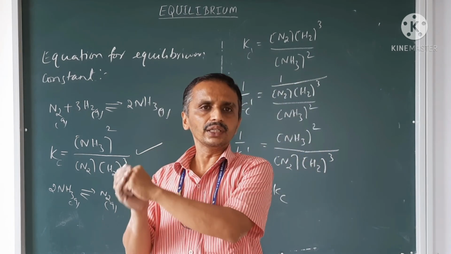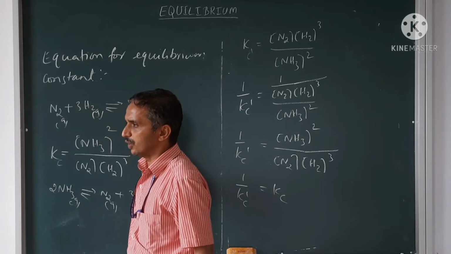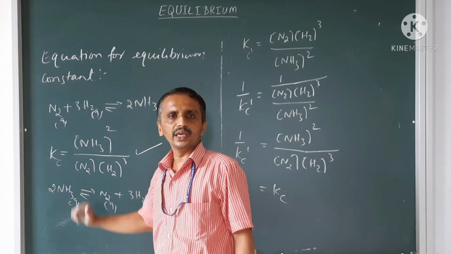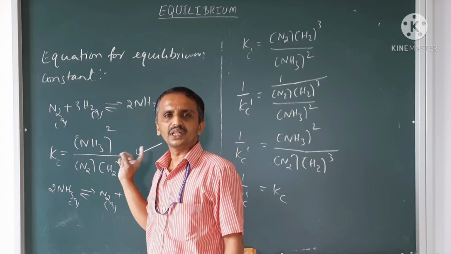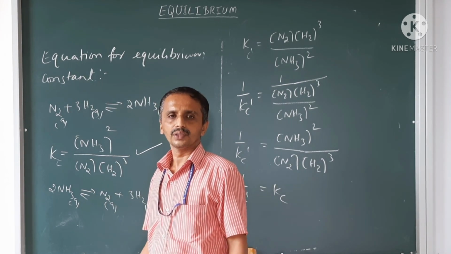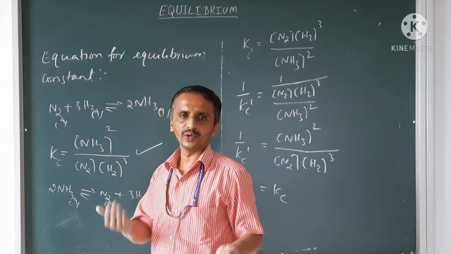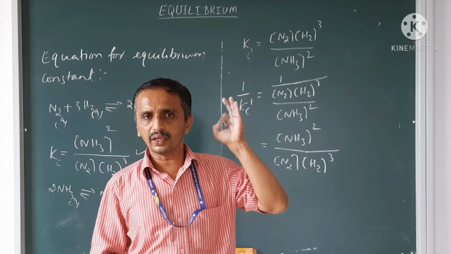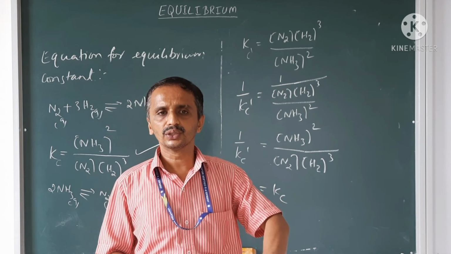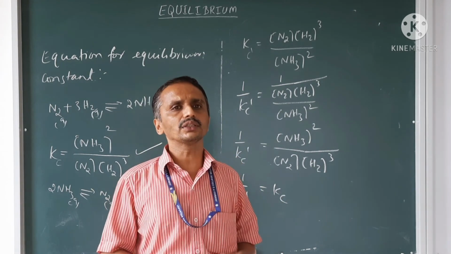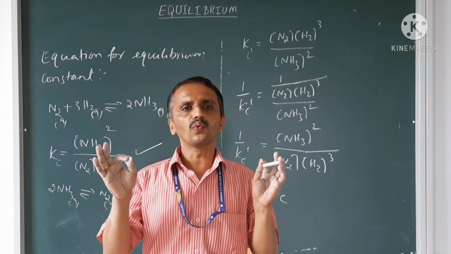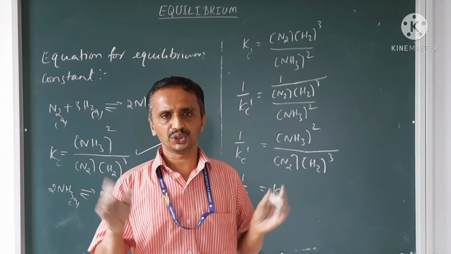Equilibrium constant for ammonia formation is 20. What is the equilibrium constant for decomposition of ammonia? Then I have to go for 1 by 20 also. So when a reaction is reversed without changing the concentration, the new equilibrium constant will be 1 over Kc dash.